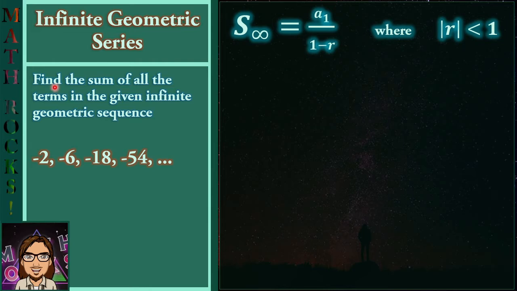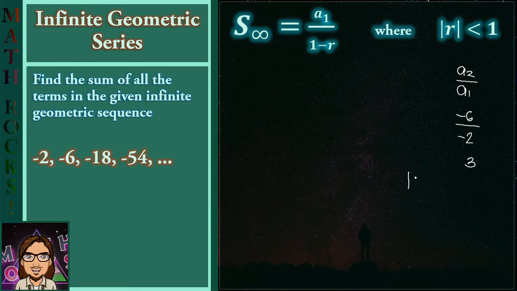Here we would like to find the sum of all the terms in the given infinite geometric sequence. Let us do some inspection first with regards to the value of the common ratio. We can easily get the value of the common ratio by dividing negative 6 by negative 2, which is the second term divided by the first term. So we have negative 6 divided by negative 2, and that gives us a positive 3.